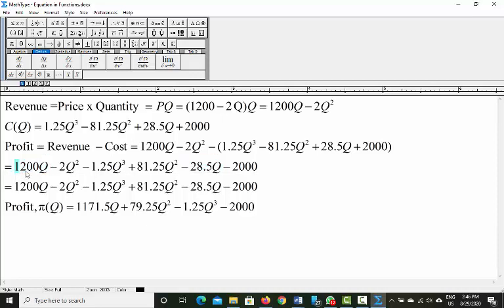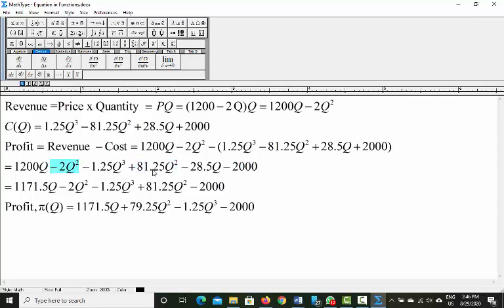So from 1200 Q we will deduct 28.5 Q. In that case, what will we get? So here we will get 1171.5 Q. Now let us match this one. We have 81.25 Q square, and here we have minus 2 Q square.